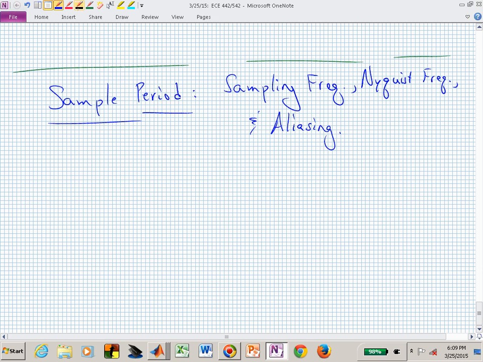And we're going to look at this by thinking in terms of S-plane to Z-plane mapping.